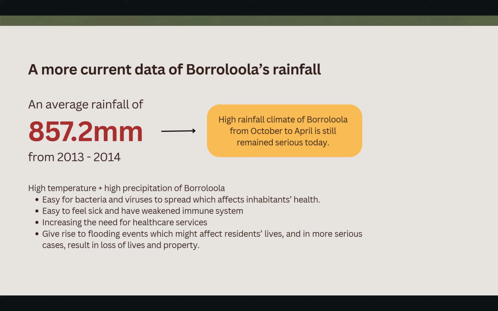So it proves that the high rainfall climate of Barunga still remains serious today, and the high temperature and high precipitation of Barunga make it easy for bacteria to spread, which affects inhabitants' health and increases the need for healthcare services. The flooding events will also affect residents' lives and may result in loss of lives and property.